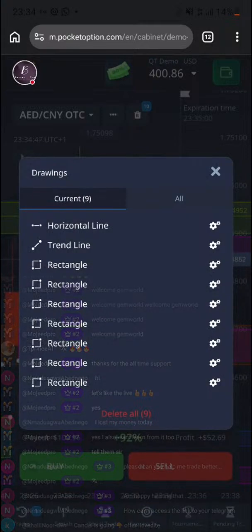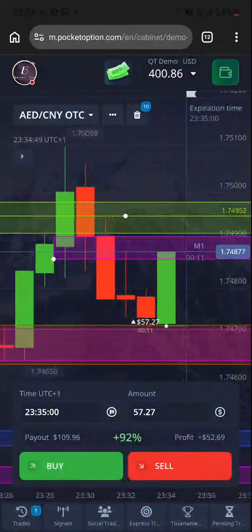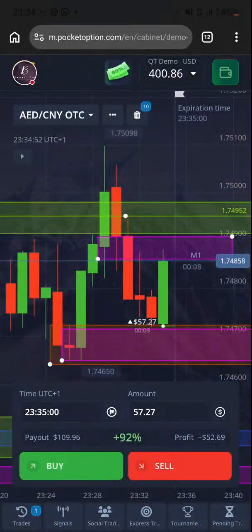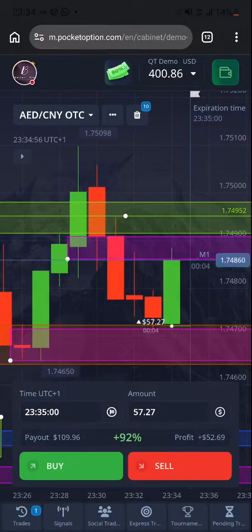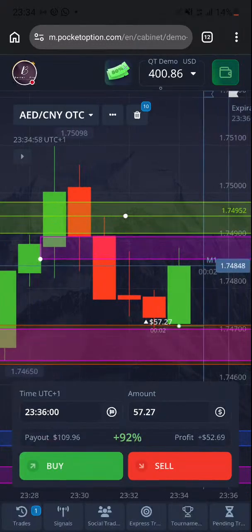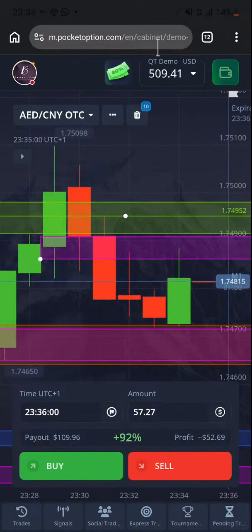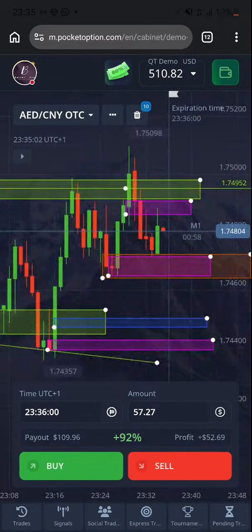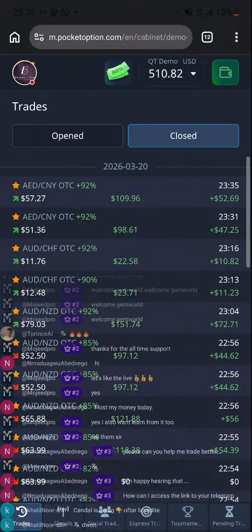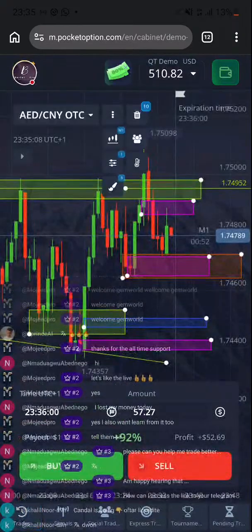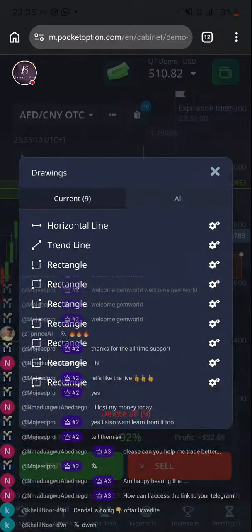The candle is going. You said it's going somewhere. Yes, we've actually taken the trade. I knew it was going to go up, so we're taking the trade right now. Look at the balance; it's going to change anytime soon. So far so good. Now, how many trades have we taken? Let's count it. Okay, it's going to go down.